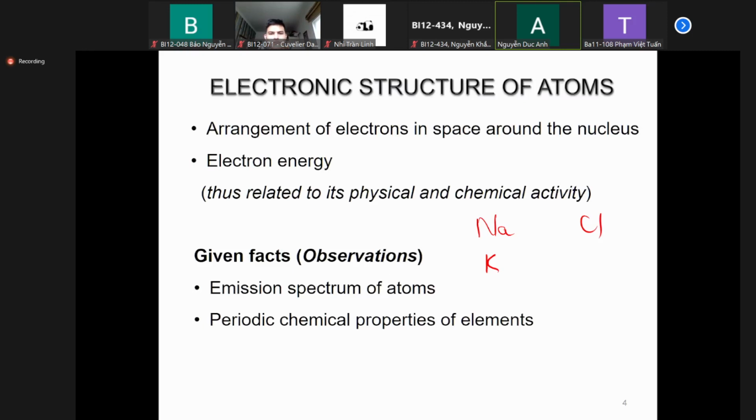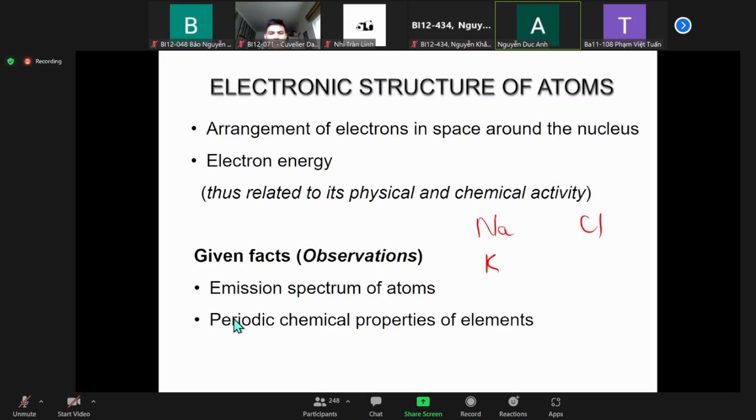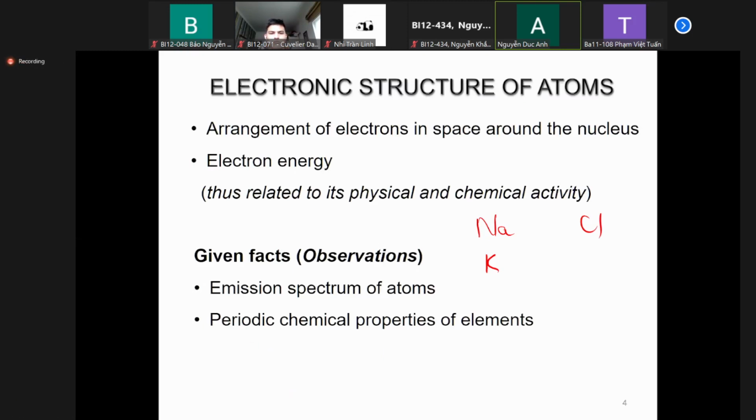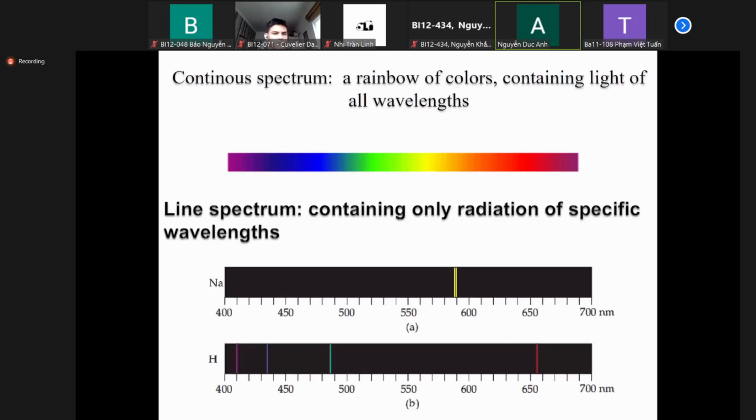They have a quite similar arrangement of electrons in space, so the only difference between potassium and sodium electrons is the electron energy. This leads to very similar properties: they are very active metals and quite soft. This is what we call the periodic chemical properties of elements. You will see it more clearly in the part on the periodic table.